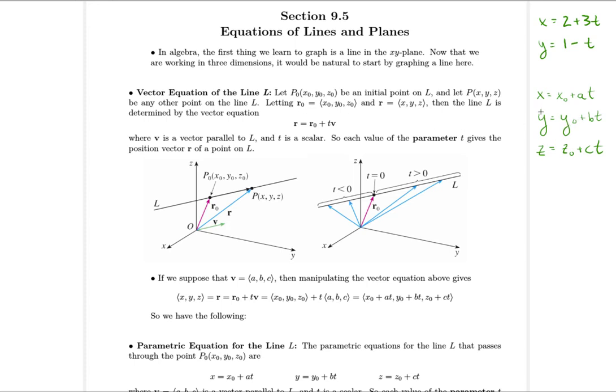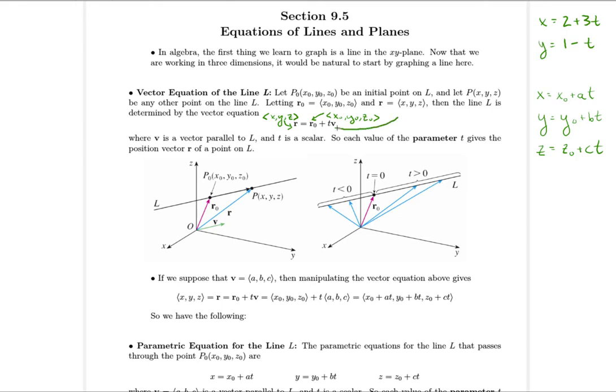It's the same idea over here, where this vector r is going to be x, y, z. This vector r0 is going to be x0, y0, z0, so just some initial vector.